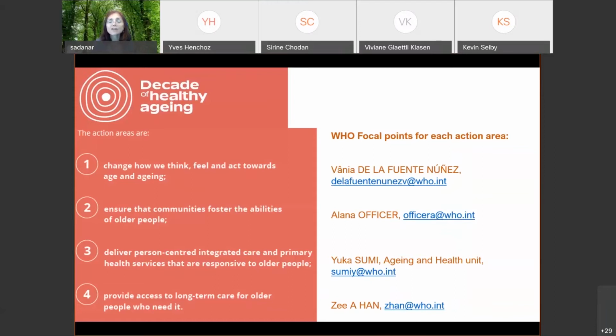I've also listed the core persons in each of these areas at WHO in our Geneva office who are responsible for coordinating actions. So you can also follow up with them individually.